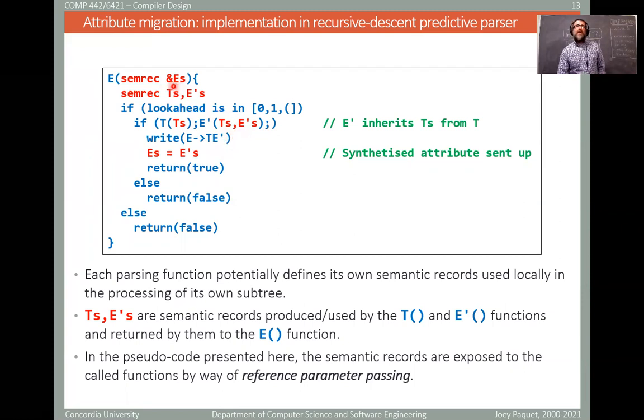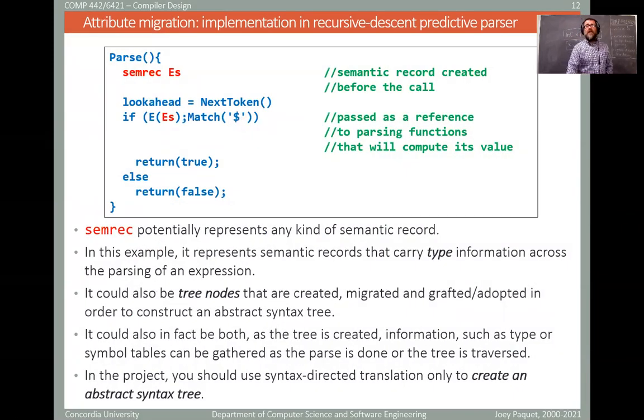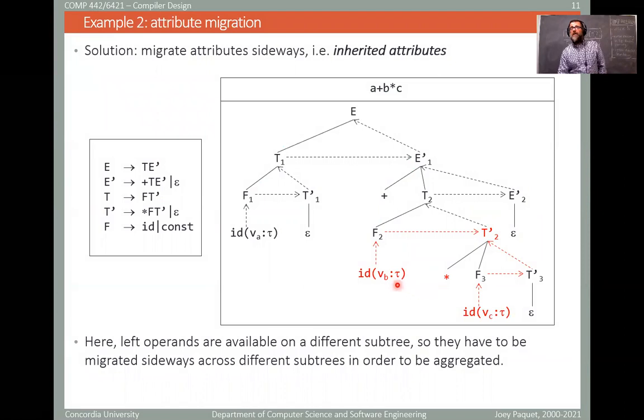So you see that you have some functions that receive one parameter and some functions that receive two parameters. The functions that receive two parameters are the ones that actually require information that is actually in a sibling tree. For example, E prime is processing the plus, which requires the left operand. So E prime would thus have an inherited attribute, thus would have two parameters.